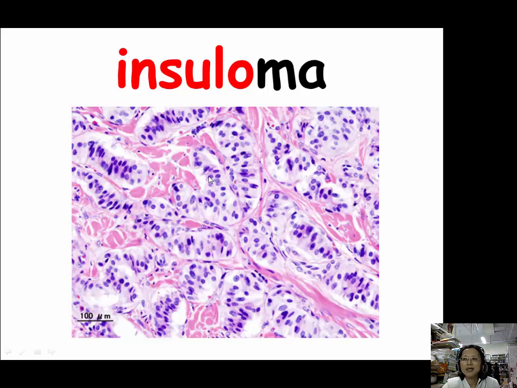It's an islet cell tumor of the beta cells. Insuloma is usually benign, but when it secretes an excessive amount of insulin, that will result in hypoglycemia. Then it will require some treatment.